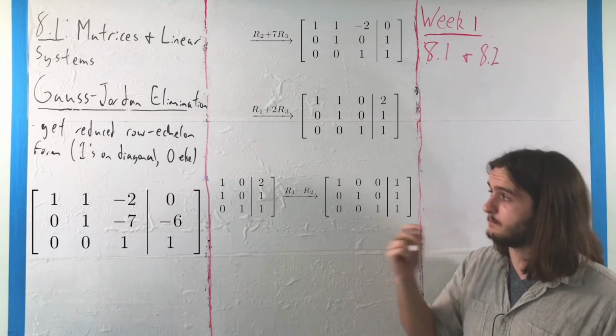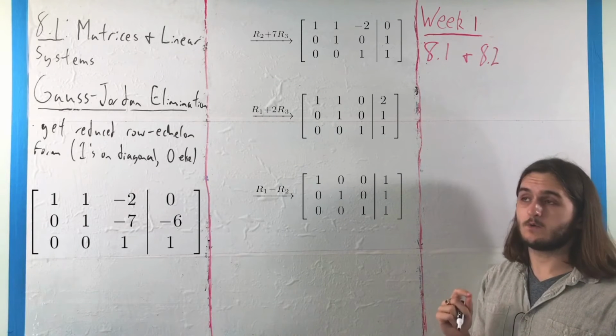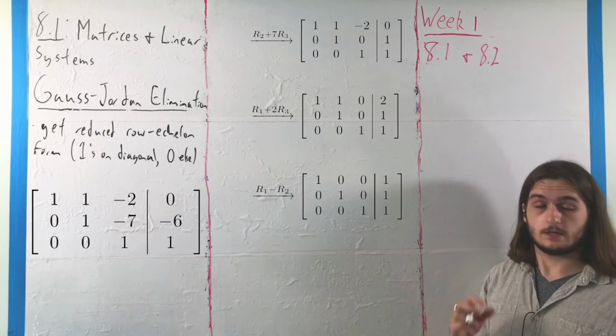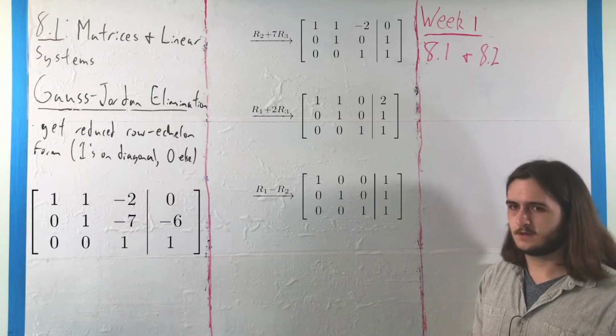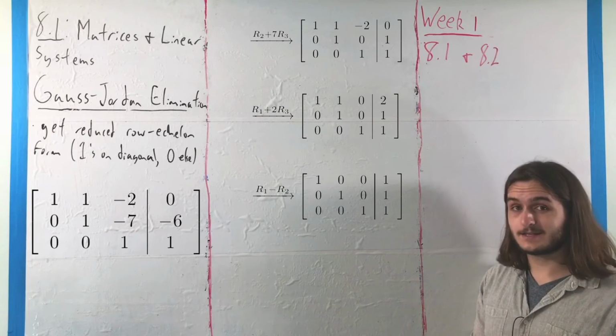Take row 1 minus row 2. If we take row 1 minus row 2 now, excuse me, I guess I had too many letters. And subtract.